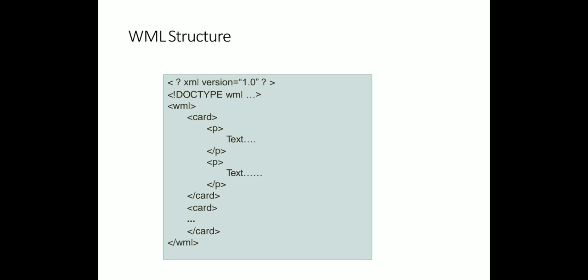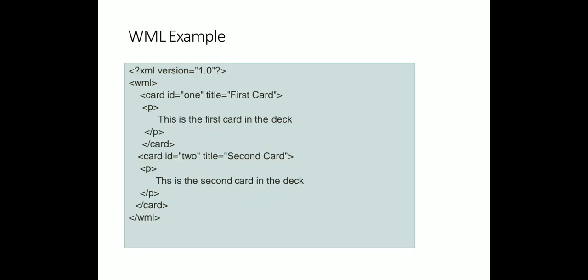Then the body of a WML document can consist of one or more of the following: deck, card, content to be shown, and navigation instructions. So all these things must be there in your WML script.